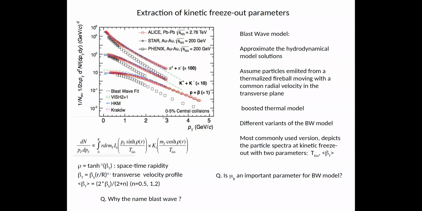If you see the blast wave model, apart from a normalization constant, the 2 main parameters which decide the shape of your spectra are T kinetic and beta T. Why not mu B? They are measuring protons, and a proton is a baryon, so why are they not talking about mu B, the baryon chemical potential?